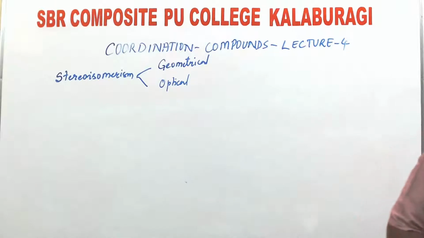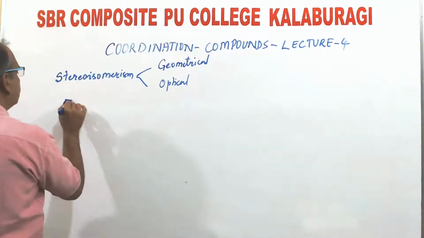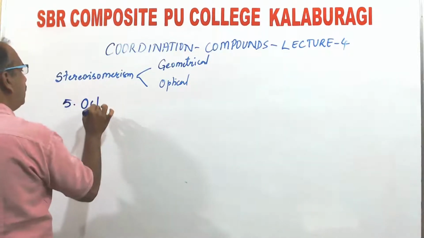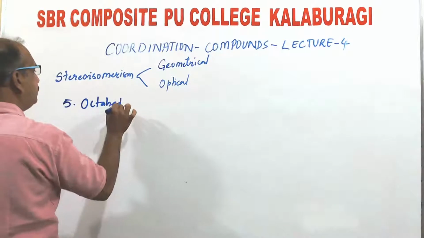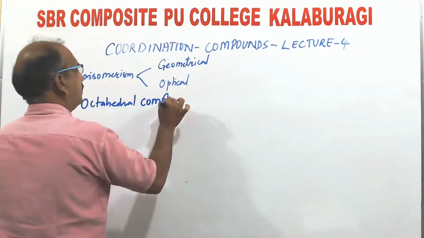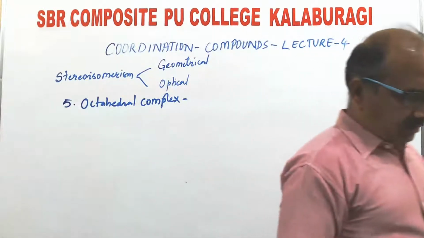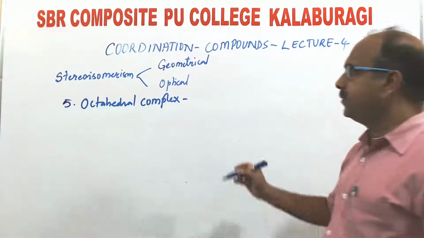So the next one, fifth one, is an octahedral complex of the type MX2A2.